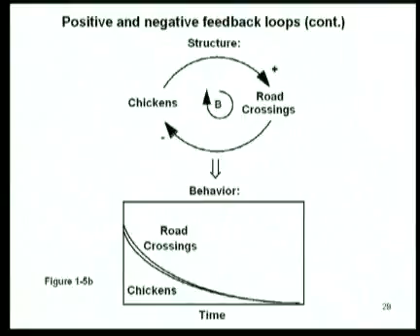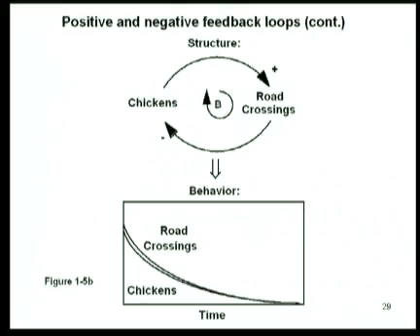Now, what about a negative feedback loop, if you will? Well, we have the other paradigm about chickens crossing roads. And you remember the question, why did the chicken cross the road? We'll get into that in just a moment. But as the number of chickens goes up, the number of road crossings increases.